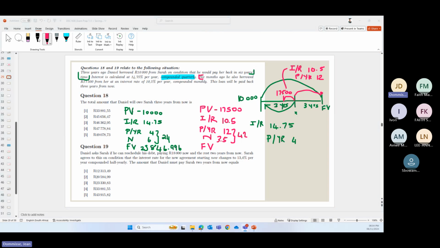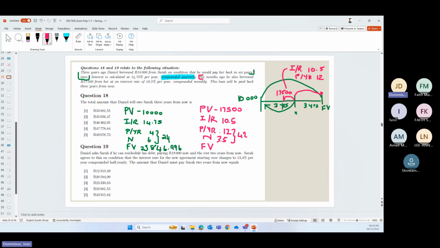So let me just take this away so that we have enough space. Okay, so exactly the same as we did with the first component. Now it is 17,500 as your present value.